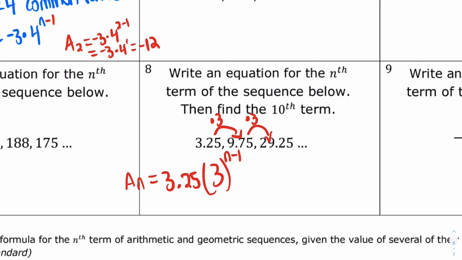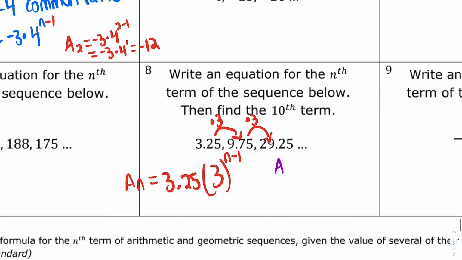Now let's just check that. I'll do it with the number 2. A2 equals 3.25 times 3 to the 2 minus 1 power, which is 3.25 times 3 to the first power, which is just 3.25 times 3, which is 9.75.